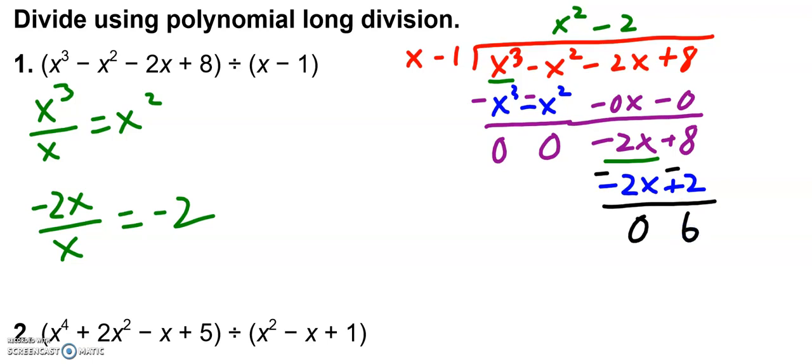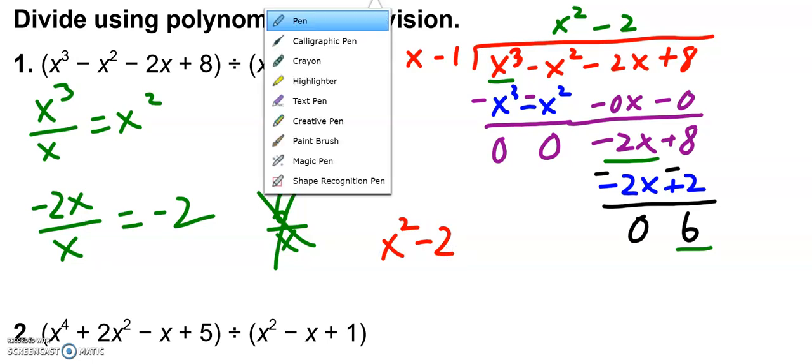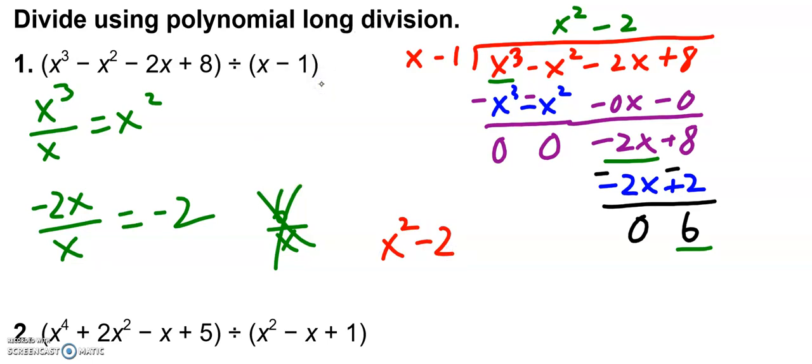If I try to divide again, 6 doesn't divide by x. So I know I'm done, and my result is going to be x squared minus 2, because that was my quotient here.